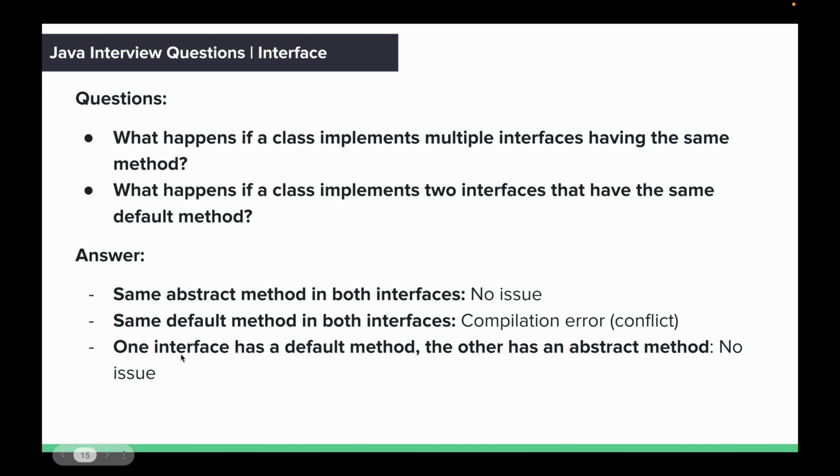And suppose we have a situation where one interface has a default method and another has an abstract method, then again there will not be any issue, because we will be overriding that method inside the class. There will not be any confusion. So this is how interfaces work when we work with multiple interfaces.